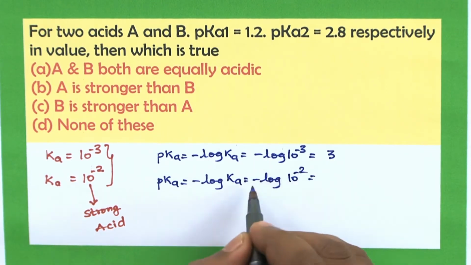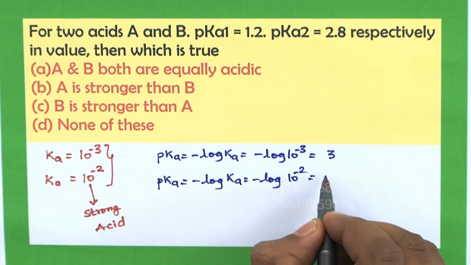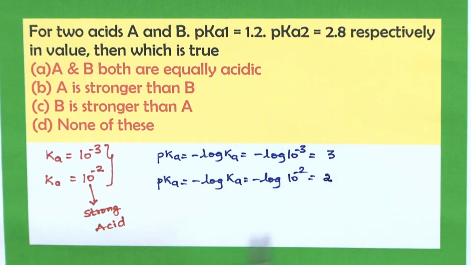Log of A raised to x is x log A, so minus of minus 2 log 10 will be equal to 2. That means from this we can come to a conclusion that larger the value of Ka, stronger will be the acid, and the one which is a stronger acid will have lower pKa value. So lower the pKa value, the stronger the acid.